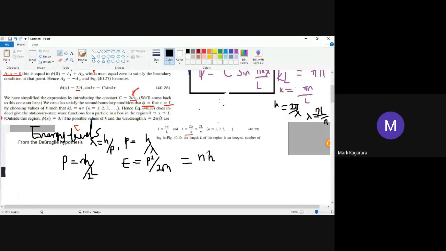It's going to be n squared h squared over 2m times 2L squared. What's 2L squared? That becomes 4L squared, right? So it is n squared h squared over 8 m L squared.